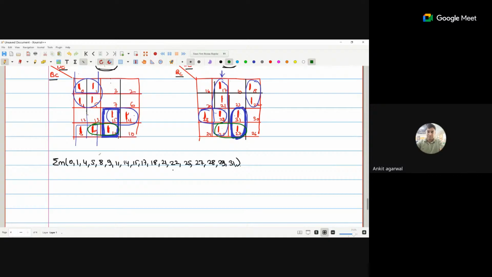Okay. Now we write the expression for that. I just mark with the name, number also. So this is group one.